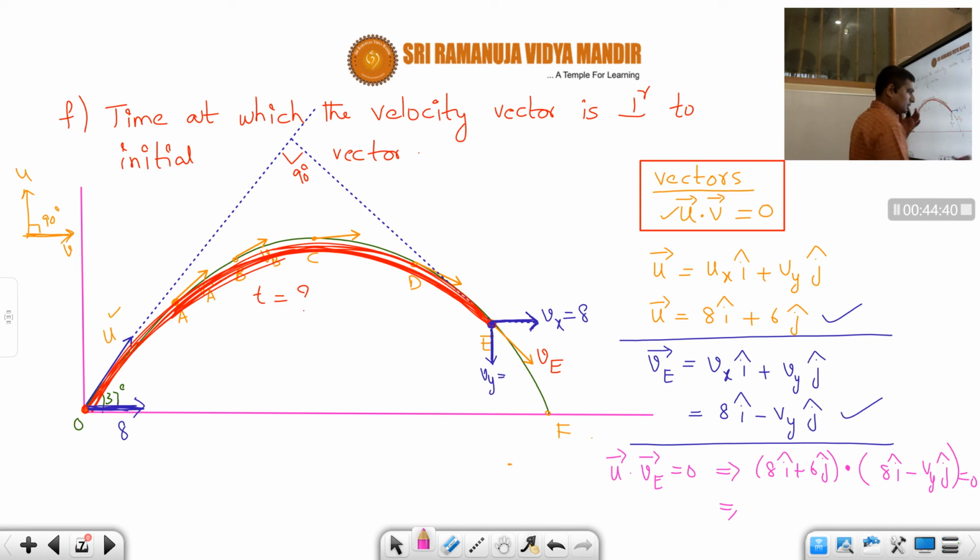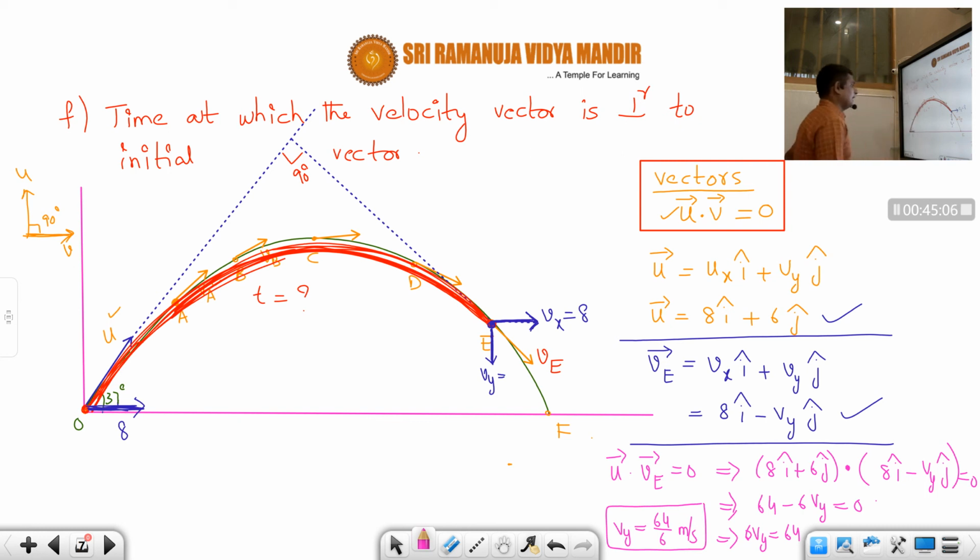So 8 8s are 64, plus minus 6 vy, is equal to 0. So that implies 6 vy is equal to 64, or vy is equal to 64 by 6 meters per second.